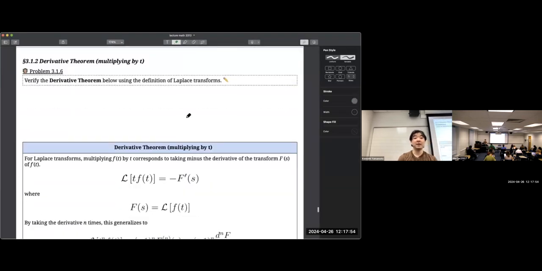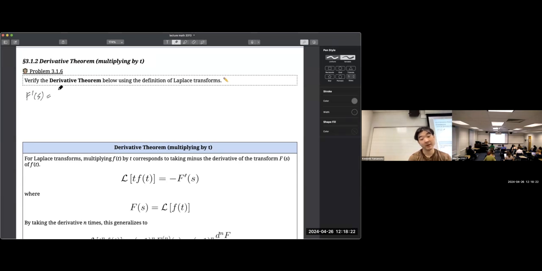We're going to look at this other theorem. So the derivative theorem: let's suppose I want to compute the derivative of a Laplace transform. So of course, capital F of s is your Laplace transform. Let's say I want to take the derivative of it. Now, your Laplace transform is a function of s. So when I write capital F prime of s, this is like taking the derivative with respect to s.